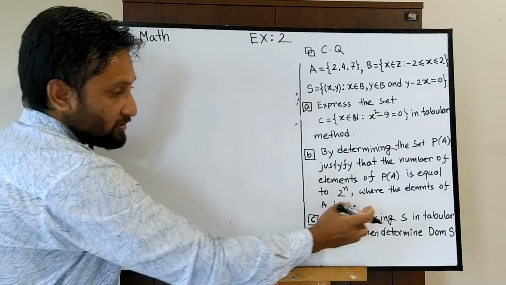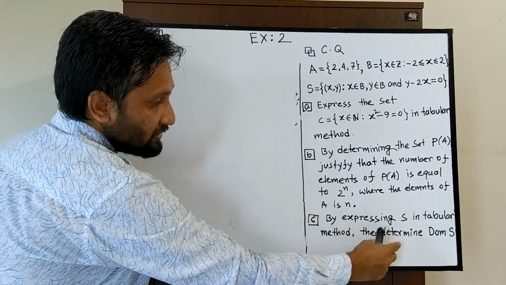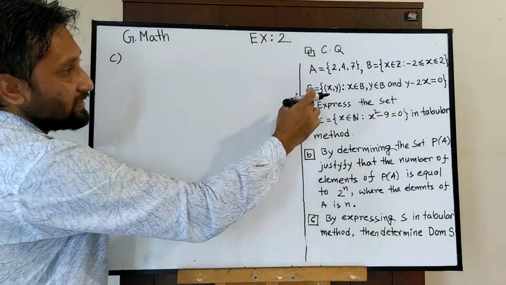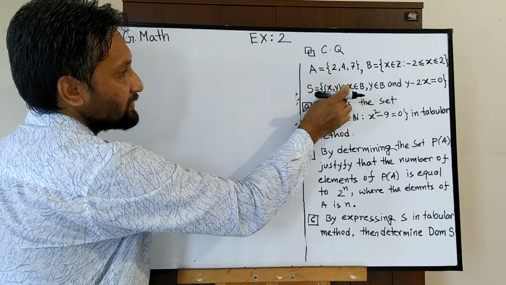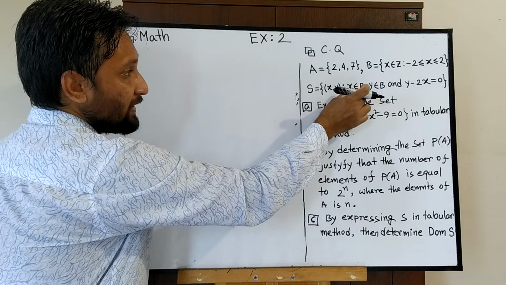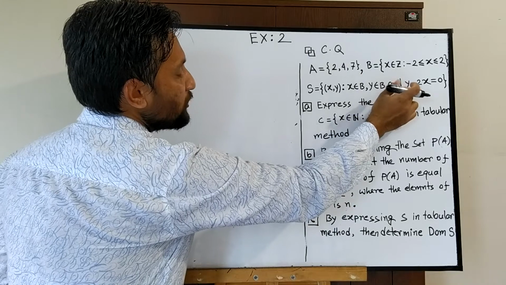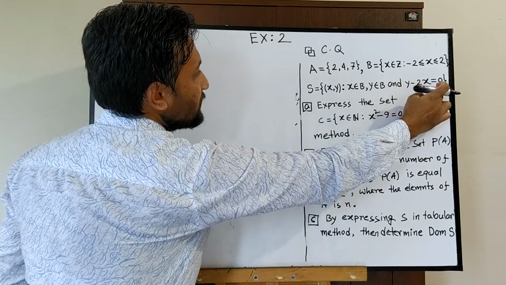C. By expressing set S in tabular method, determine DOM S. In set S, S equals (x, y), that means pairs of elements (x, y), such that x is an element of B and y is an element of B, and the following condition is y minus 2x equals 0.